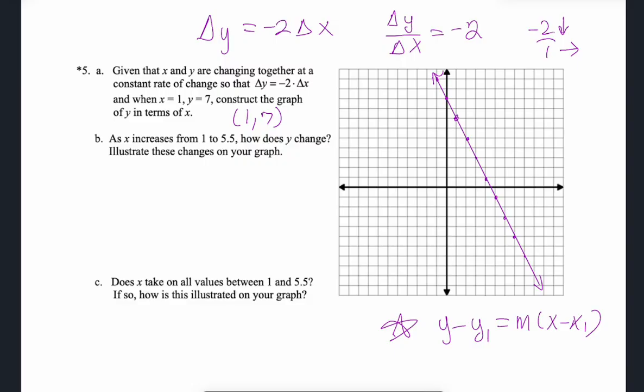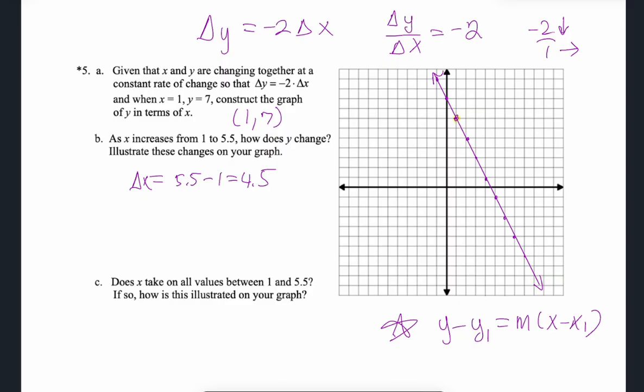Okay. So as x increases from 1 to 5.5, we know that delta x is going to be 5.5 minus 1, or 4.5. So if we want to represent that on the graph, we go where x is 1, that's the point up here. I've highlighted it in a yellowish color. And then our x is increasing from that point.